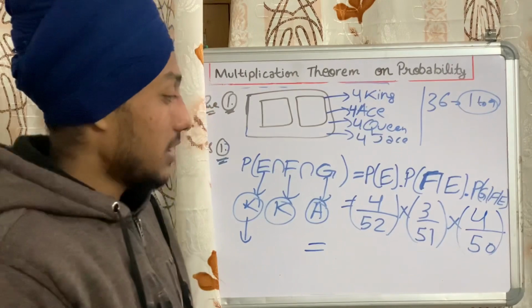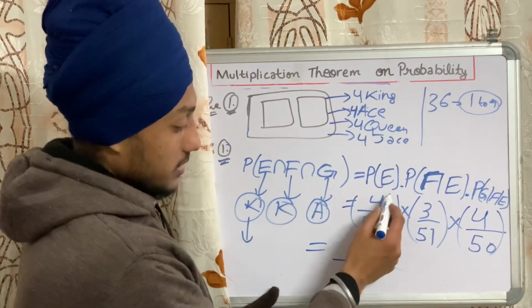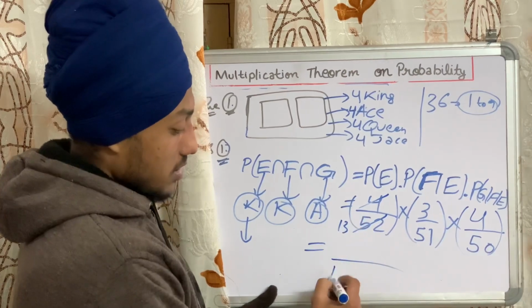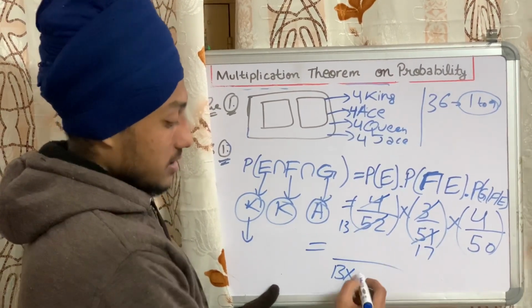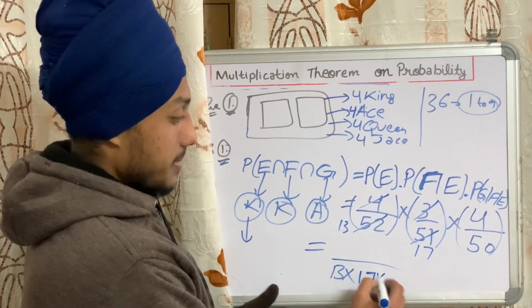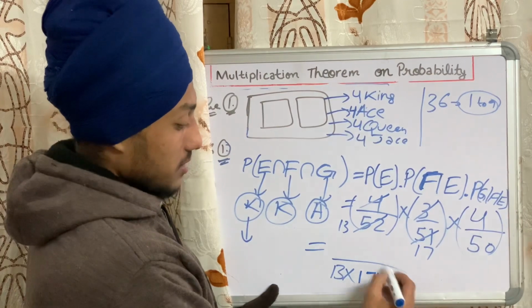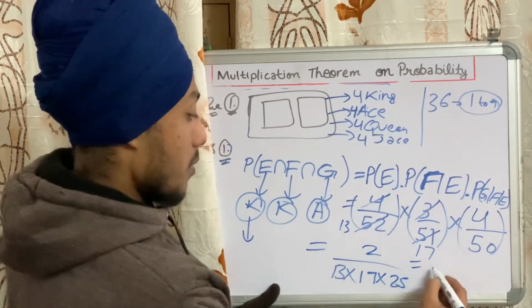So now we are going to do multiplication. That is 1 by 13, and 13 into this is 1 by 17. This is 1 by 17, and this is just 2 upon 25. So this is the probability.